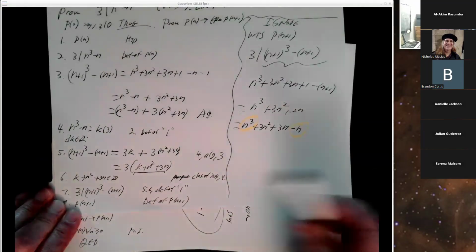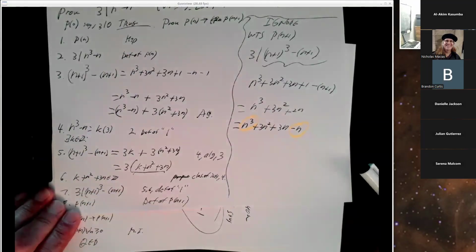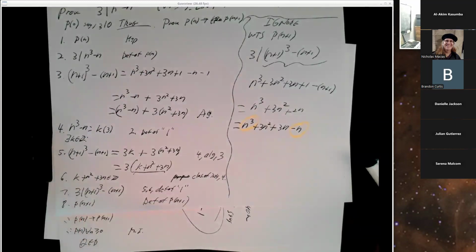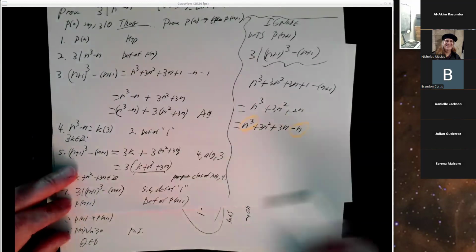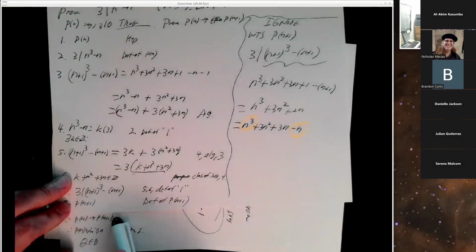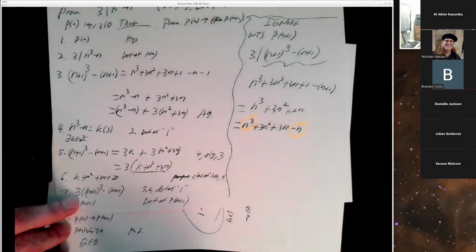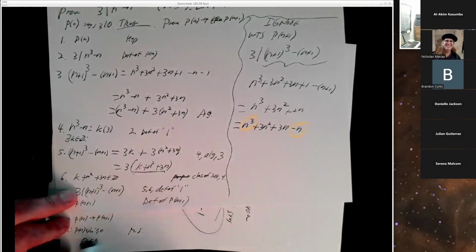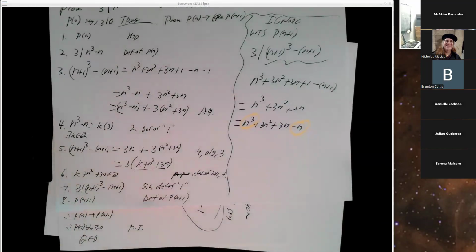Sometimes it's 1 or 2 steps, sometimes it's a lot of steps. And then once you've got P of n plus 1, that proves the inductive step. And together with the base case and mathematical induction, that proves P of n for all of your n.